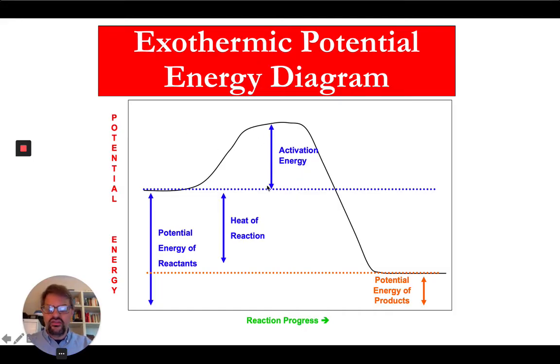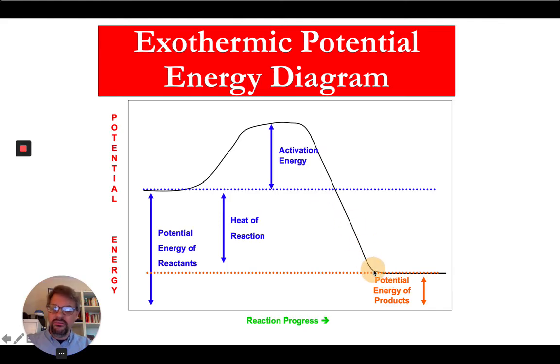Notice here, this hump is the activation energy. So we start here in the reactants. We have to add some energy. In this line, the black line represents energy as the reaction happens. This hump is our activation energy. We have to get over that. And once we're here, the reaction just then begins and it happens on its own.